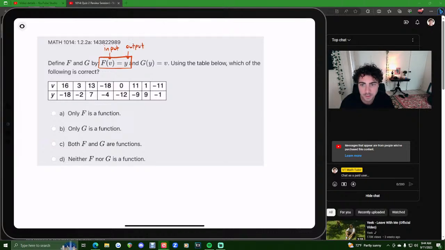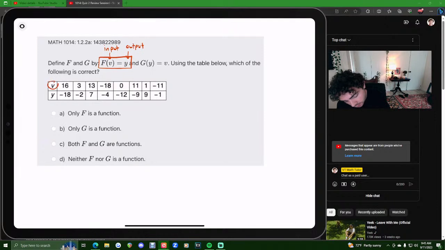So how do we identify whether a relationship is a function or not? What we're going to check for is, are there any repeated input values? So to identify if f is a function, we want to ask ourselves, are there any repeated input values? In other words, repeated v values.